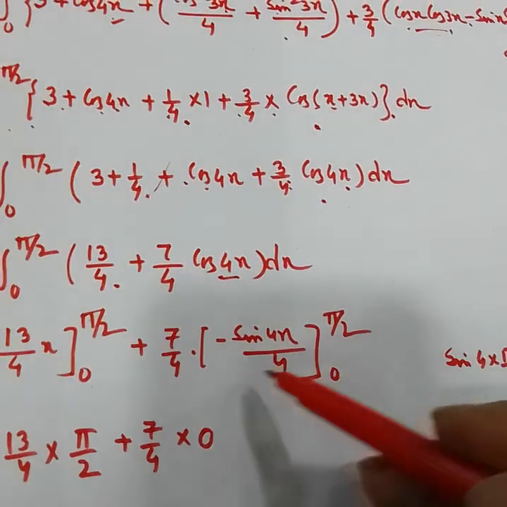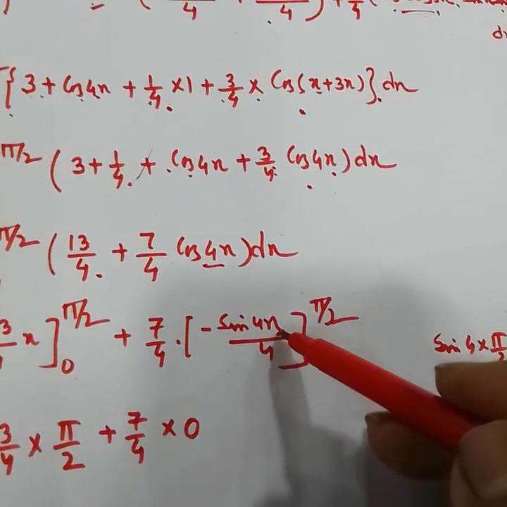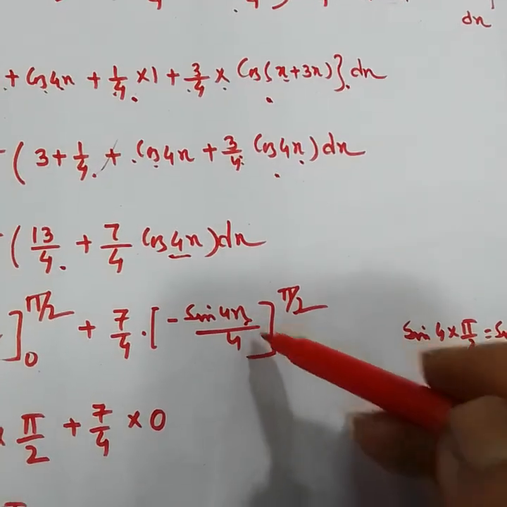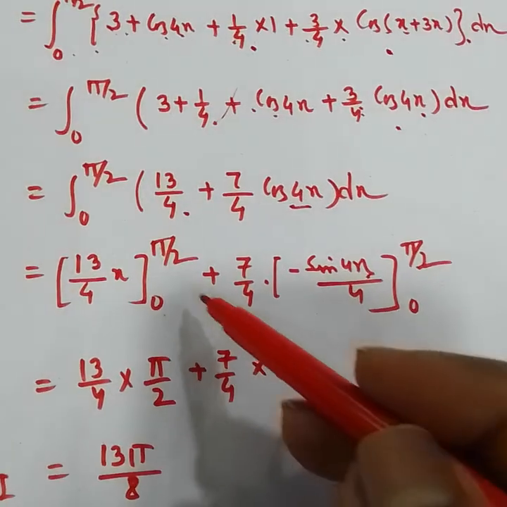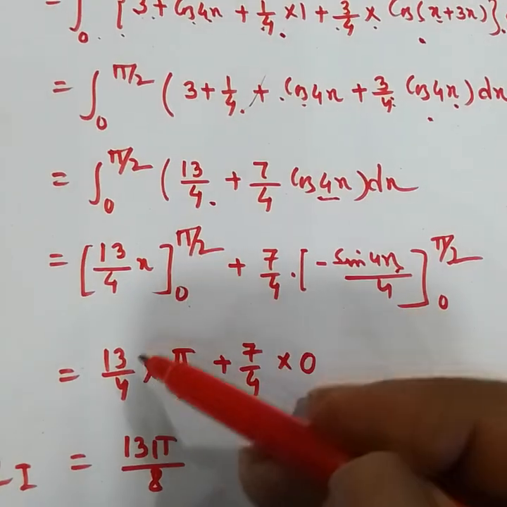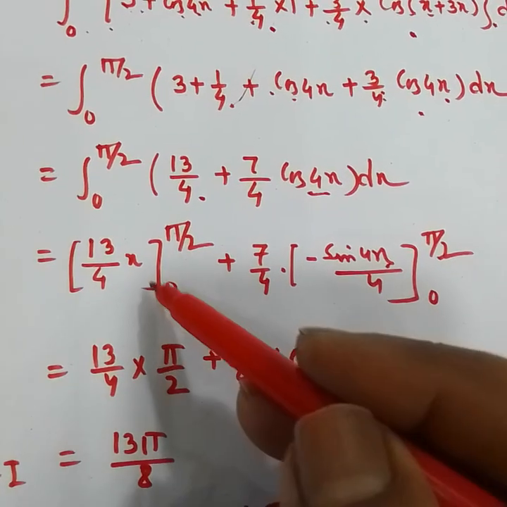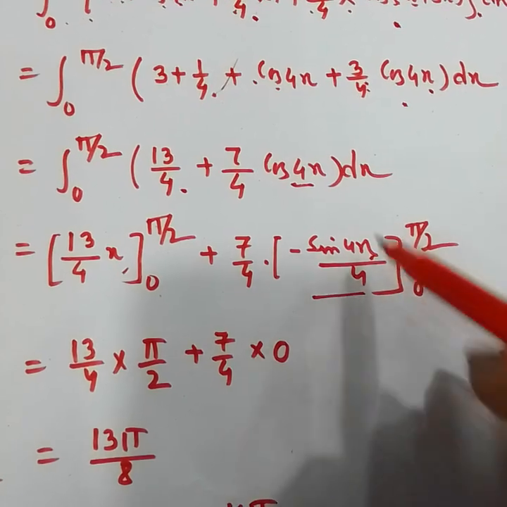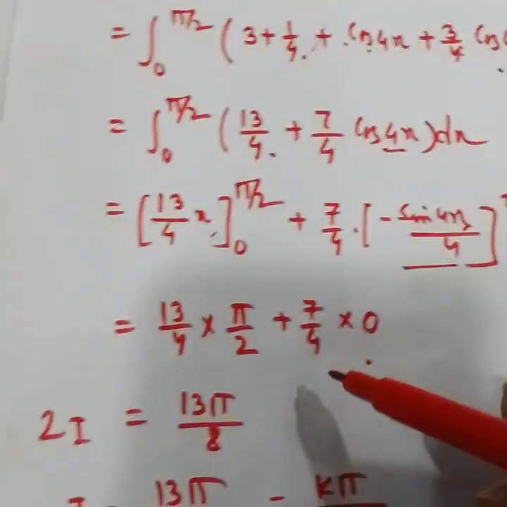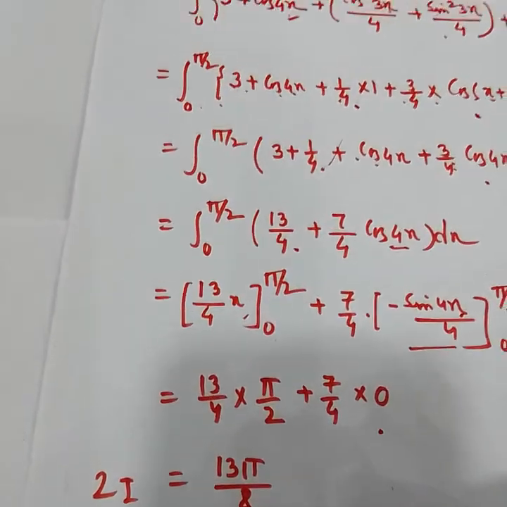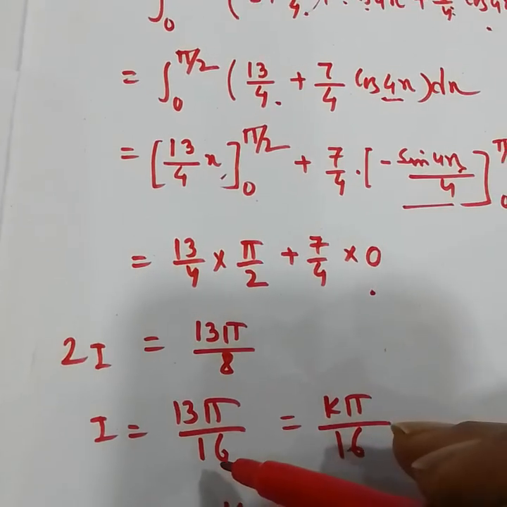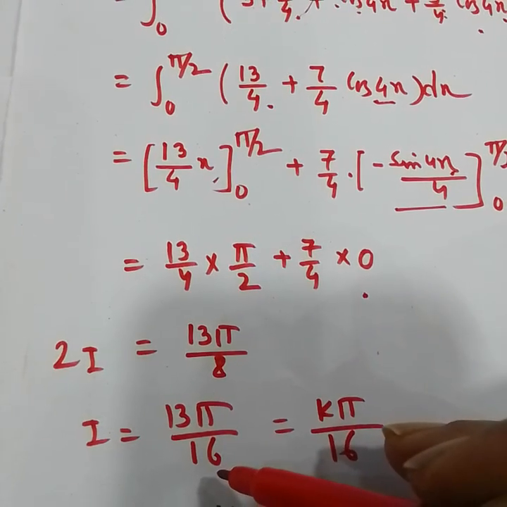Now when we put the value pi by 2 here, sin 4x becomes sin 2 pi, which equals 0, and sin 0 is already 0. So we get 13 by 4 into pi by 2, replacing x by pi by 2, and the other term becomes 0. So we get twice I equals 13 pi by 8, or I equals 13 pi by 16.